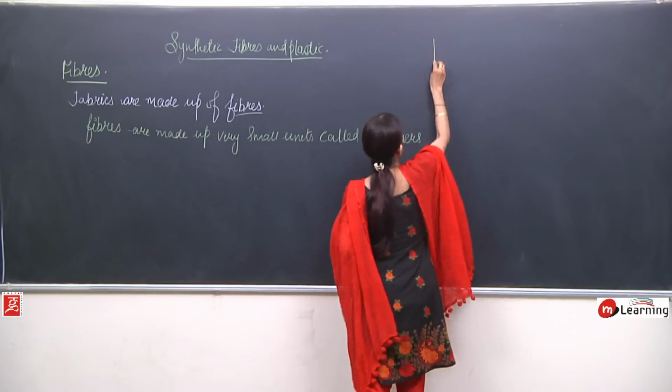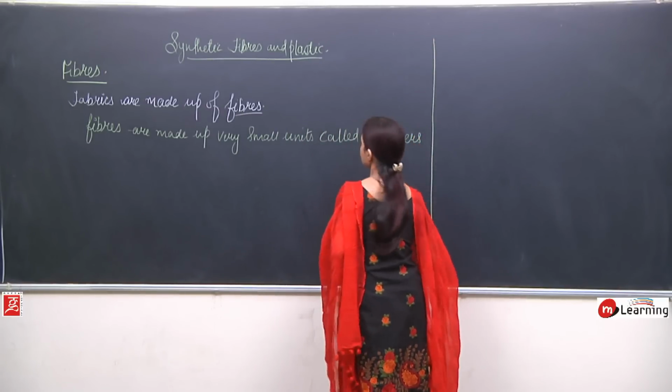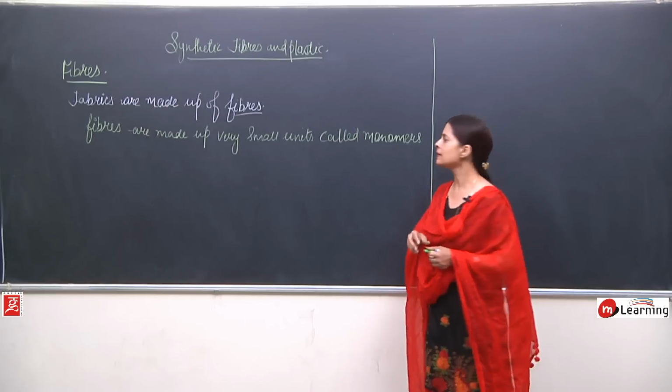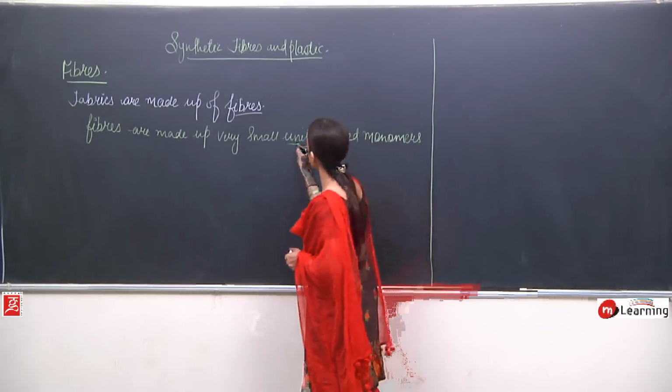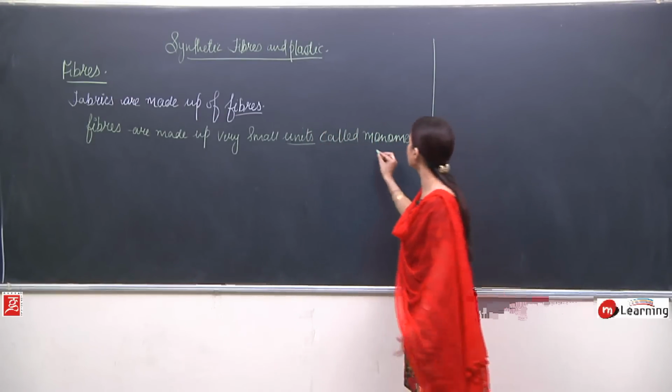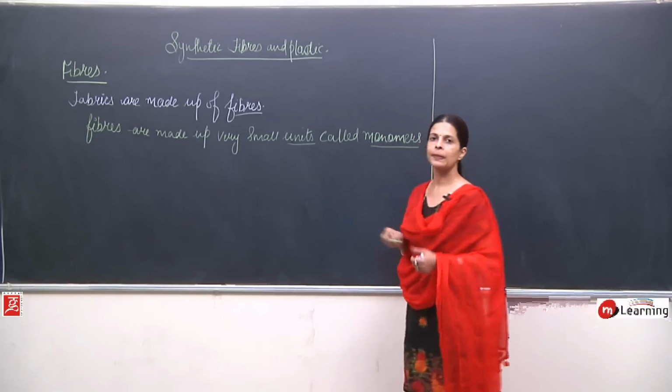Fabrics are made up of fibers, and fibers are made up of small units, and these small units are known as monomers.